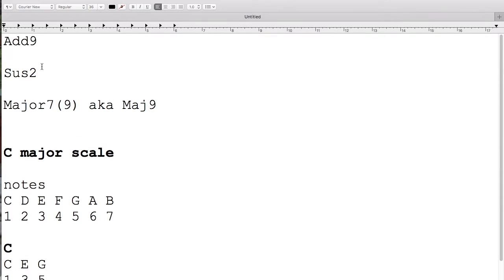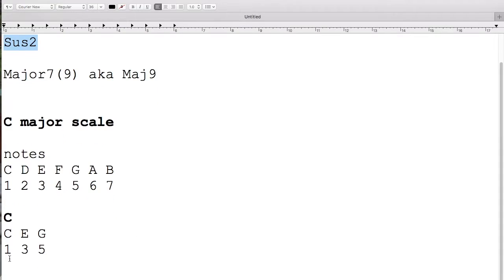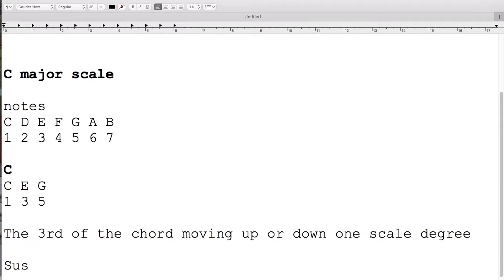When we go into the land of sus chords, usually sus2 or sus4, that is the third degree of the chord moving up or down 1 scale degree. Alright, so a sus4 would be the E moving up 1 scale degree to F, right?